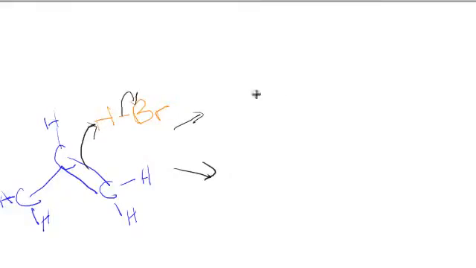It could go to form a new sigma bond between the first carbon atom and the hydrogen, or could go to form a sigma bond between the middle carbon and the hydrogen. The primary difference between these two structures is where the positive charge ends up.